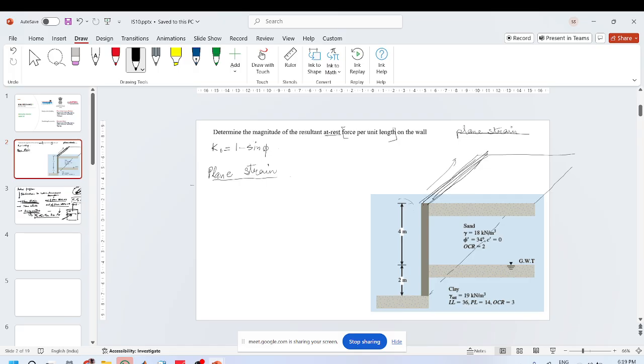Actually, it's extending in this direction. That is why it is written force per unit length of the wall. That is, we are only taking unit length in this direction. And if you have to calculate the entire force on the wall, you will have to multiply it by the length of the wall. Okay.